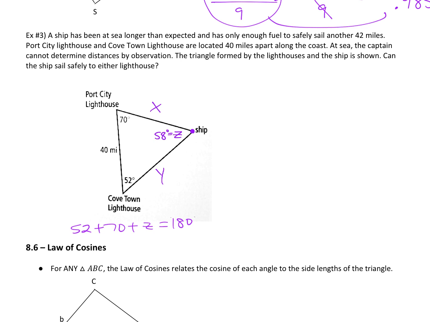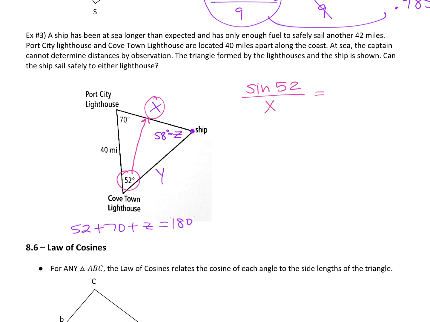No. What always comes after a trig function? Sine of an angle, right? It's always sine of the angle. So you need to do sine 52 over what? Across from x, right? So sine 52 over x.